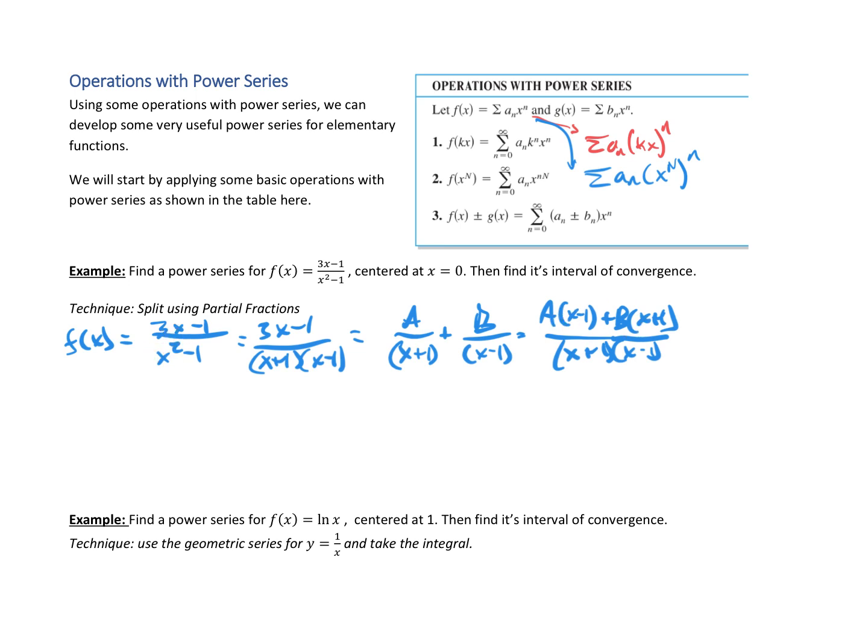So in other words, we're saying that 3x minus 1 is equal to A times x minus 1 plus B times x plus 1. Let's do a little bit of work with that. Remember this partial fraction stuff. If x equals 1, then we can plug it all in here. We get 3 minus 1, which is 2. And if x is 1, this goes away, and we have 2B.